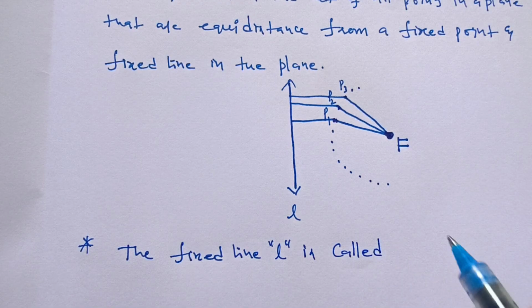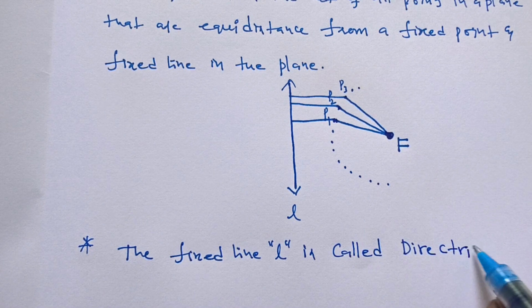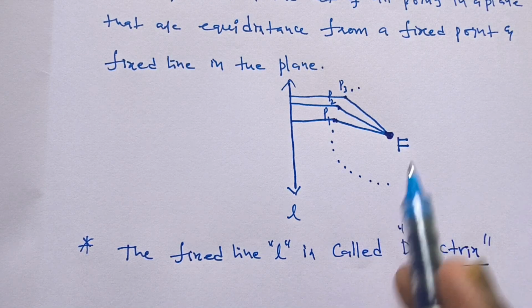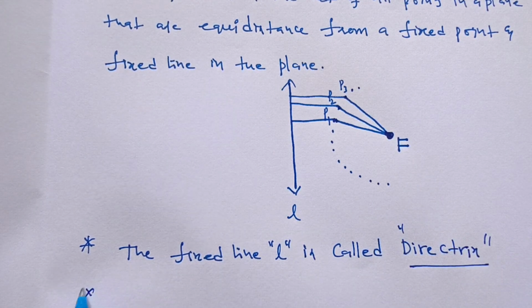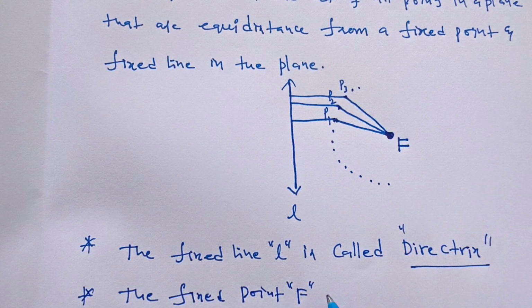The fixed line L is called the directrix, and the fixed point F is called the focus.